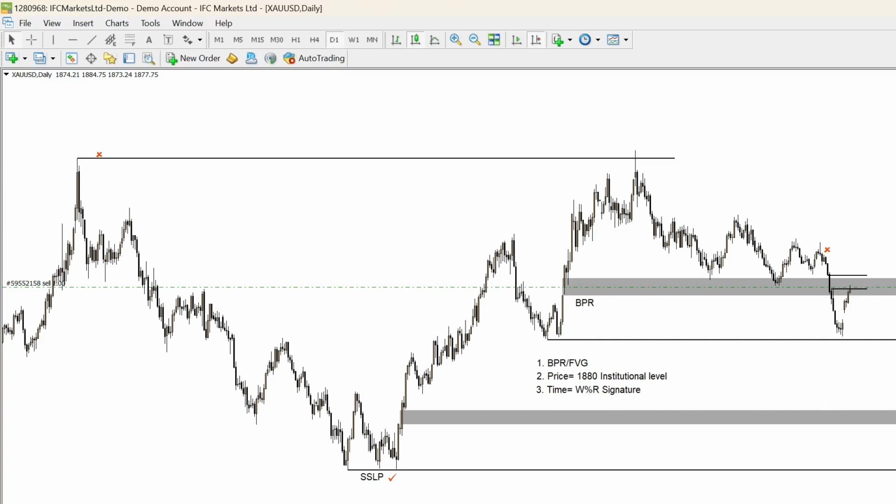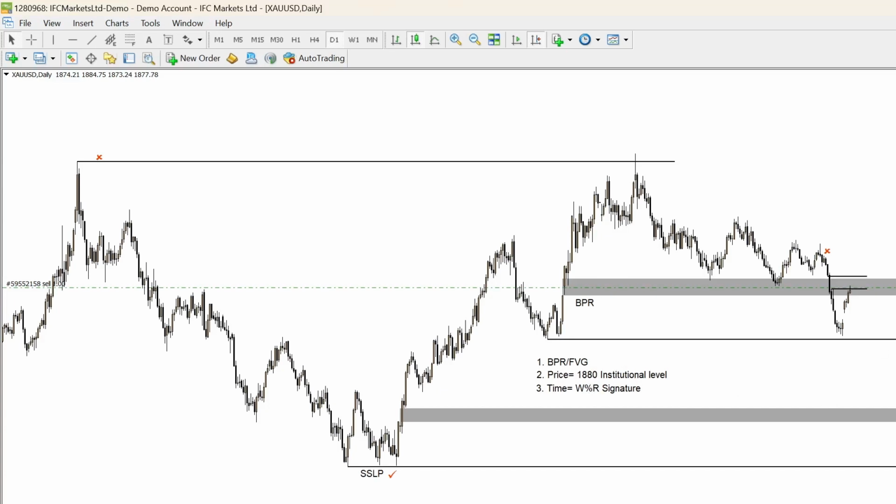We can clearly see that we have SMT divergence. We're making a higher high on the indicator, but we're failing to make a higher high. We're actually potentially making a lower high here on gold.